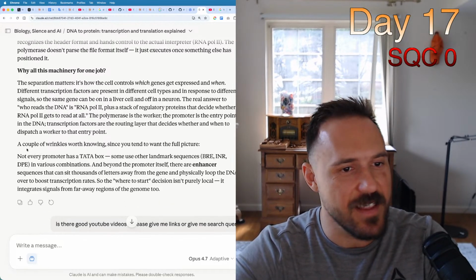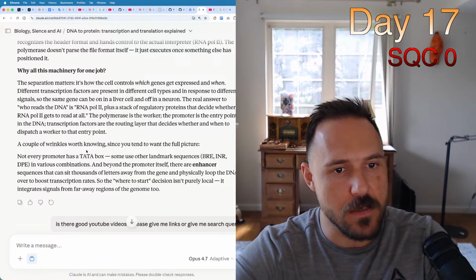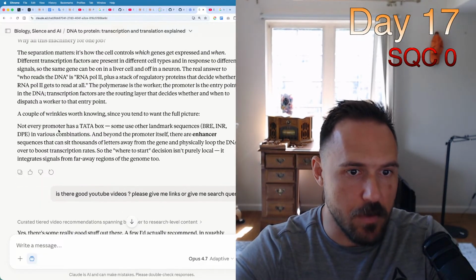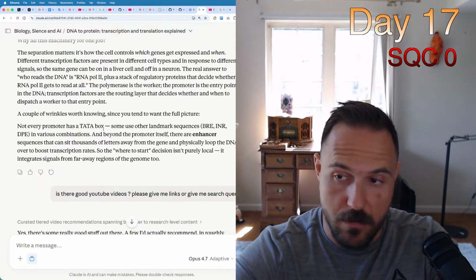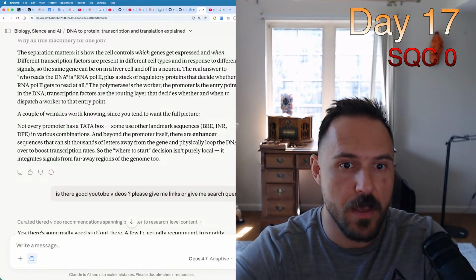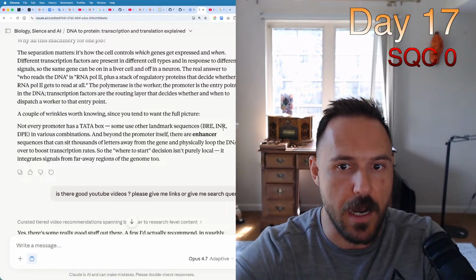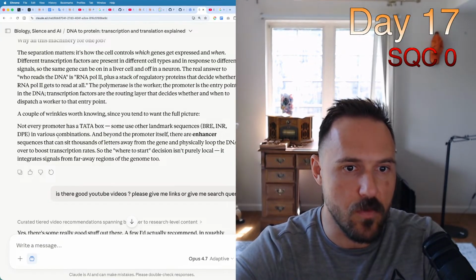Not quite. A couple of wrinkles worth knowing, since you tend to want the full picture. Not every promoter has a TATA box. Some use other landmark sequences, BRE, INR, DPE in various combinations.